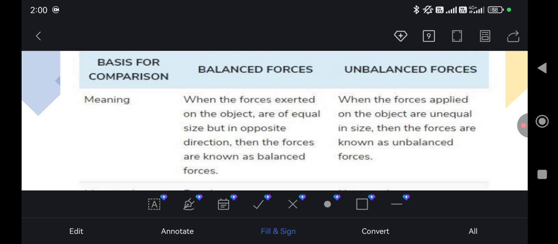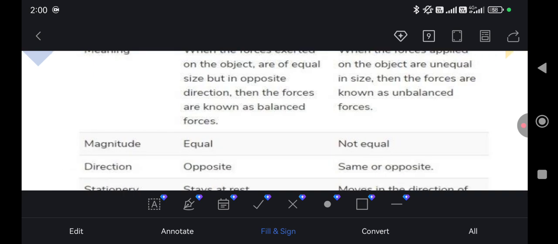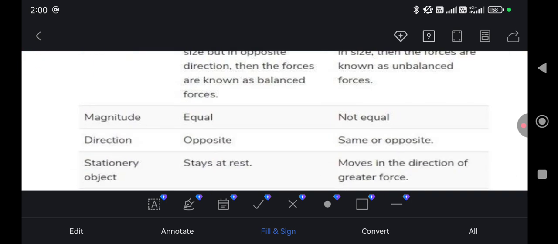But when the forces applied on the object are unequal in size, then the forces are known as unbalanced forces. In balanced force, magnitude is equal, while in unbalanced it is not equal. Direction in balanced force is opposite, while in unbalanced force, same or opposite.